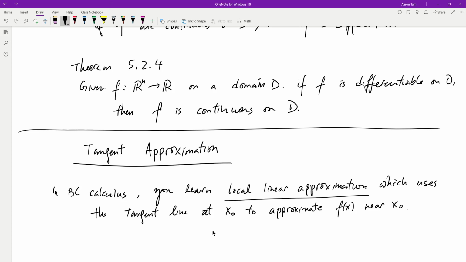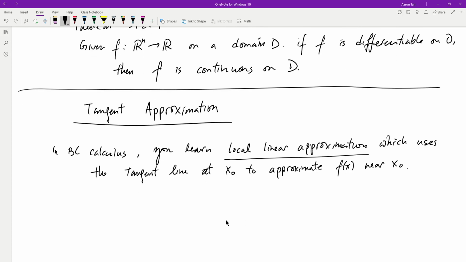And that's referred to as local linear approximation. And there's a formula for that, so I would like to show you what the formula is. The formula is this, so I'm going to use the capital letter T to indicate tangent approximation. In this case, local linear approximation uses a tangent line. And that approximation is this, T of x is equal to f of x sub 0 plus f prime of x sub 0 times x minus x sub 0.